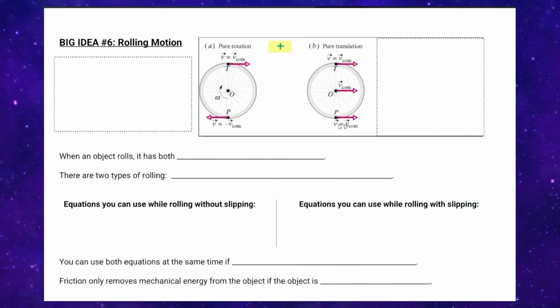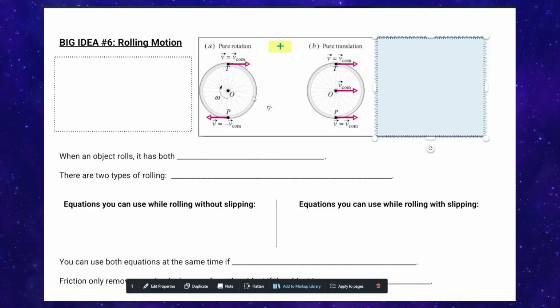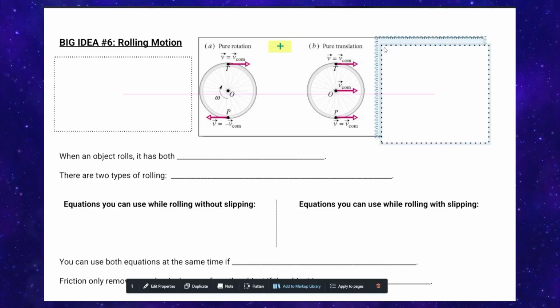Now, when an object is translating, on the other hand, we look at it a little bit differently. If an object is translating, then every single point on that object needs to be traveling with the same velocity in the same direction every time. And what a rolling object does is both things at the same time.